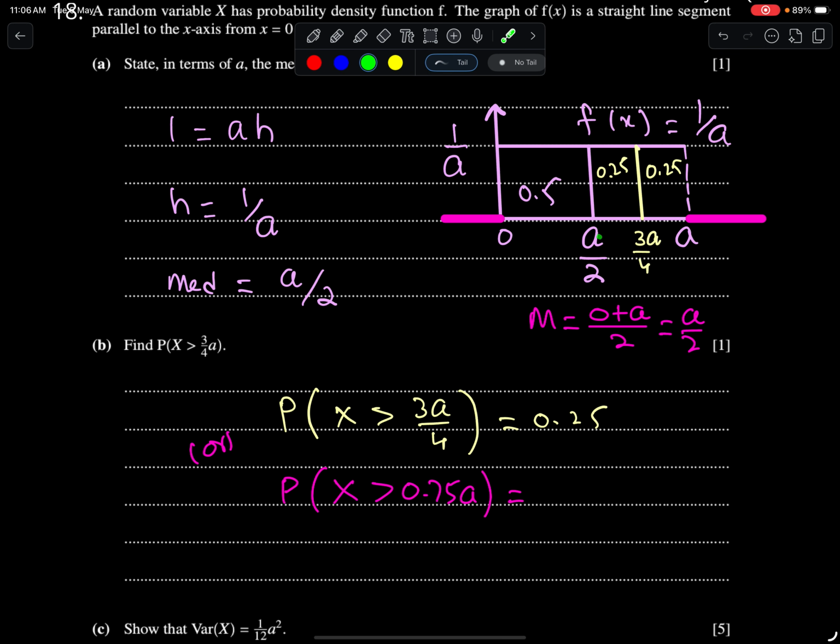Half a means 50%. So this is 50, this is 100, so its average is here 75%. What should be the probability? This is 0.5. Since both are the same, 0.5 is divided in equal parts, so 0.25 here, 0.25 here. So this probability is 0.25. The probability of x greater than 0.75a is 0.25.